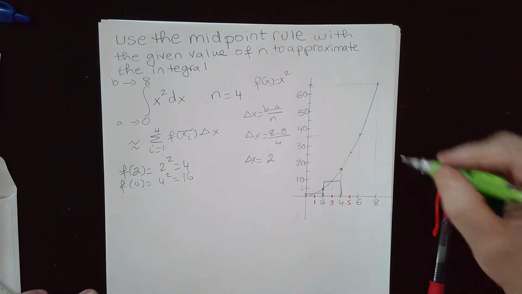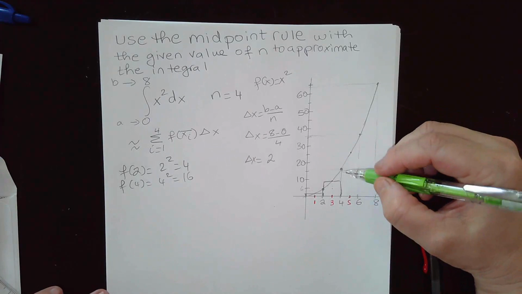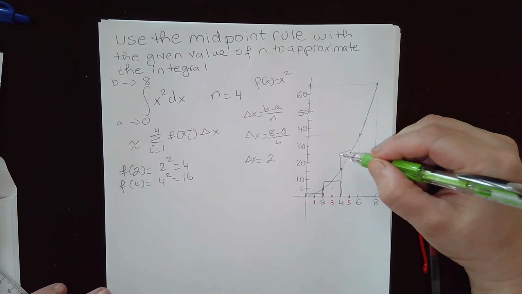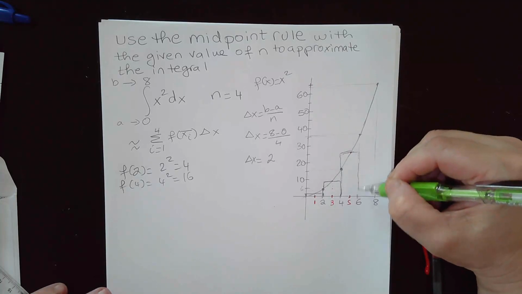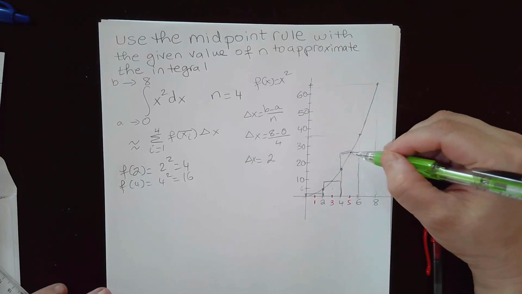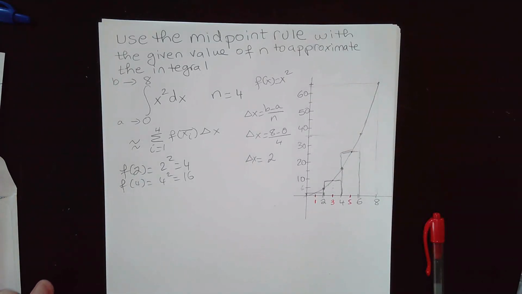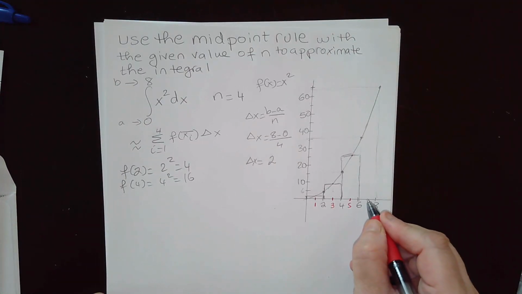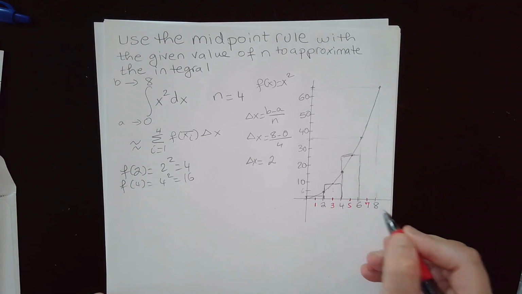And the last rectangle, the midpoint is 7, between 6 and 8.